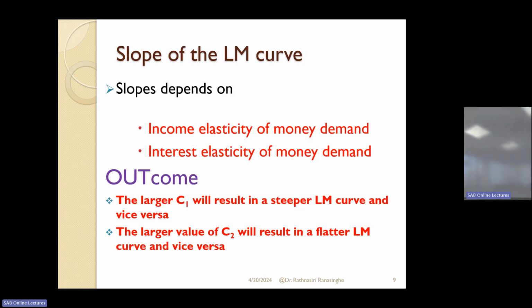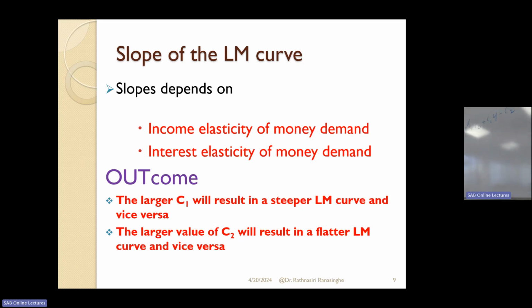Can you remember? The money demand is C0 plus C1y minus C2r. So C1 and C2 determine the slope of the money demand, which in turn determines the slope of the LM.